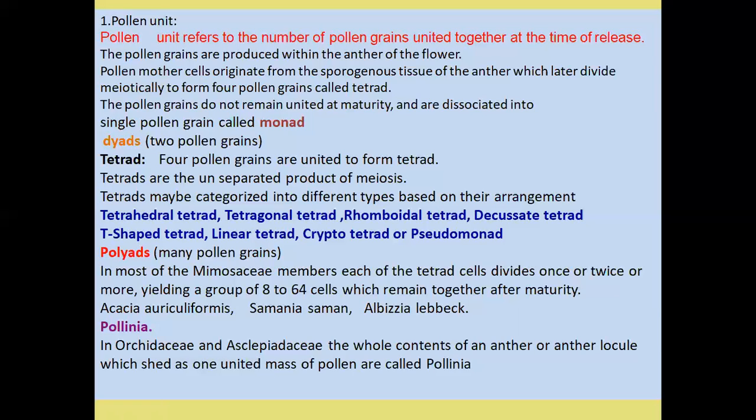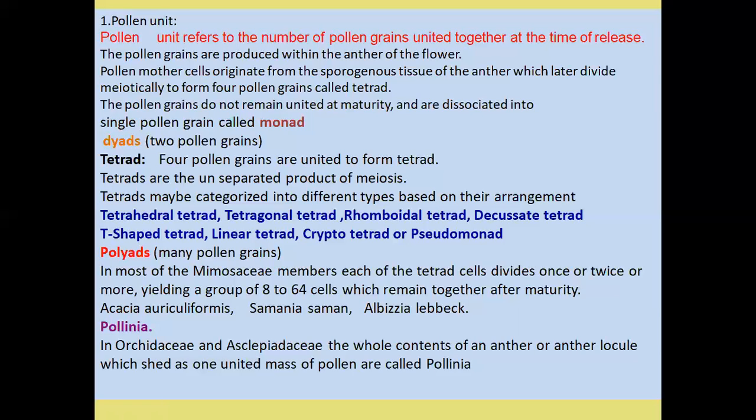But in another aspect, one of the important characters observed in Orchidaceae and Asclepiadaceae, or Apocynaceae members, is that all pollen grains are united and form a mass of pollen called pollinia. Pollinia is nothing but all pollen grains clustered together in a mass.